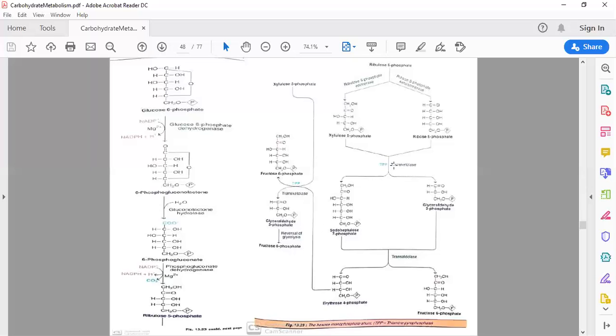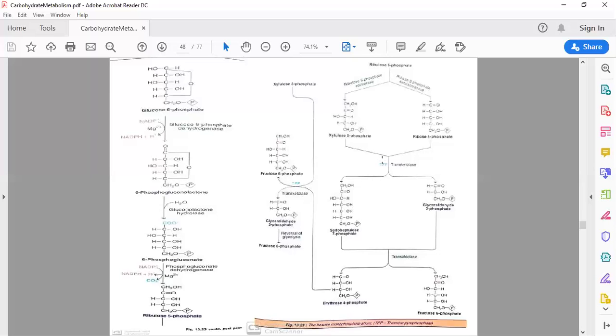The important point here is that in this conversion, transketolase is dependent on a coenzyme. You can see here in blue it is written TPP. TPP stands for thiamine pyrophosphate. And also this step is dependent on magnesium ions.